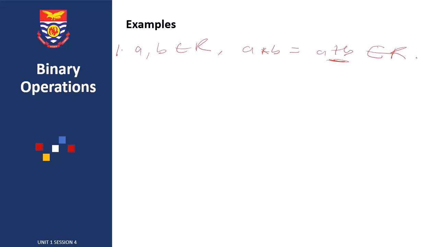So when I choose two numbers, let's say 3 and 4, they are both members of R. When I put them into the operation, 3 plus 4, what's the answer? 7, and 7 is a member of R. So here you can see that addition is a binary operation on the set of real numbers.